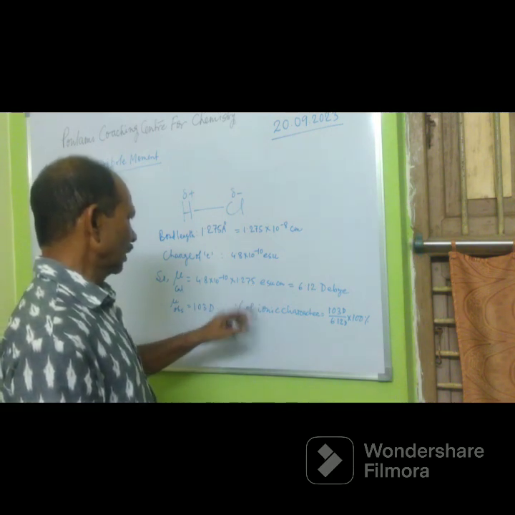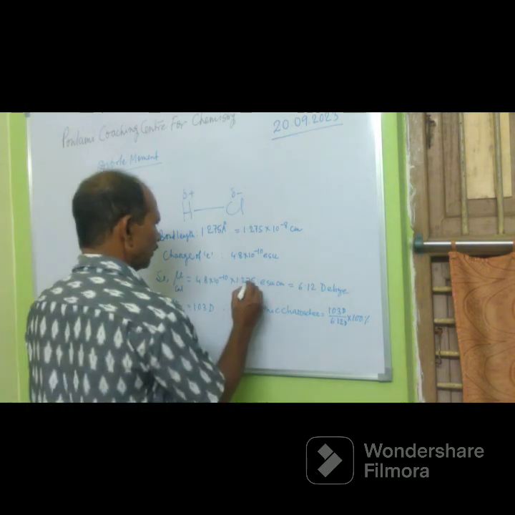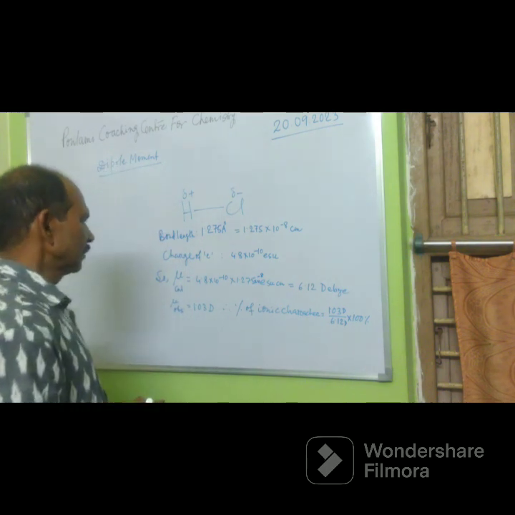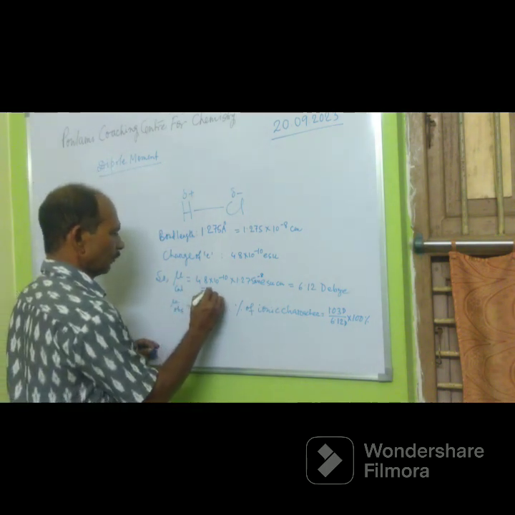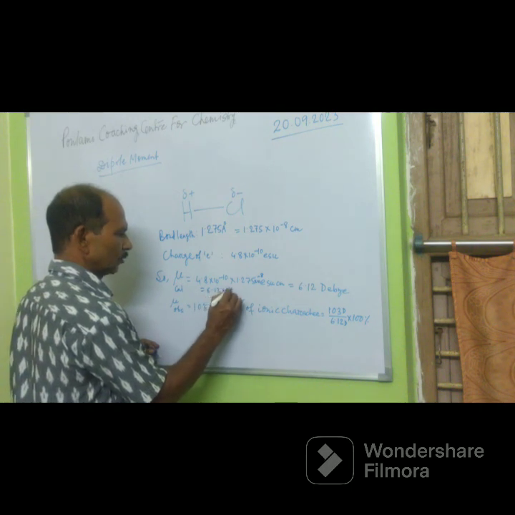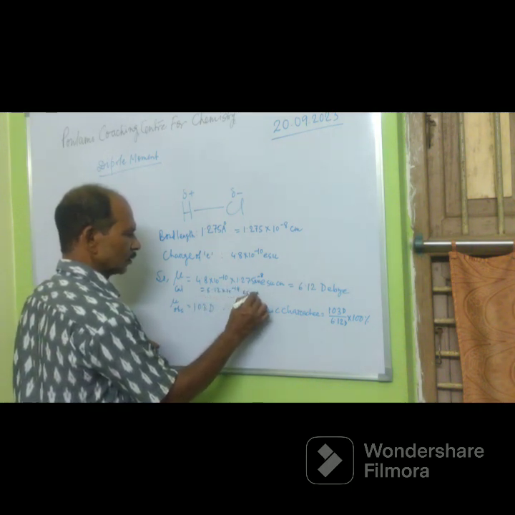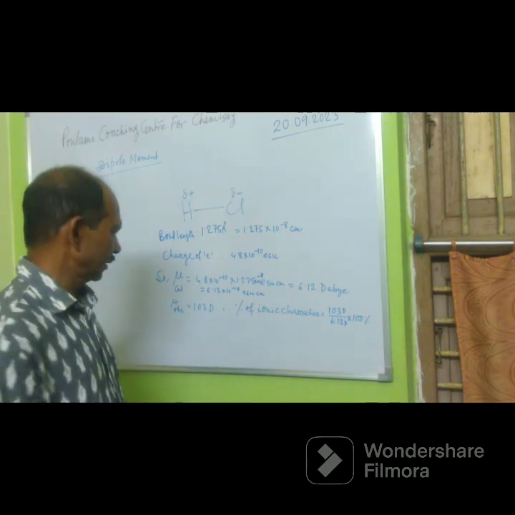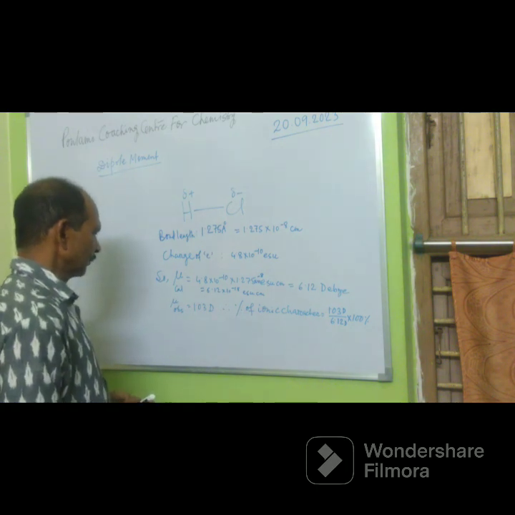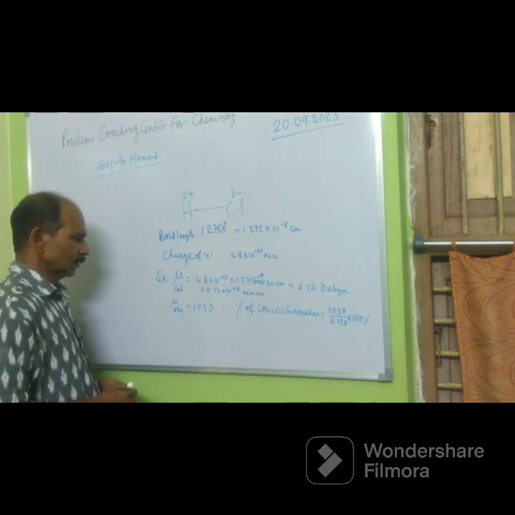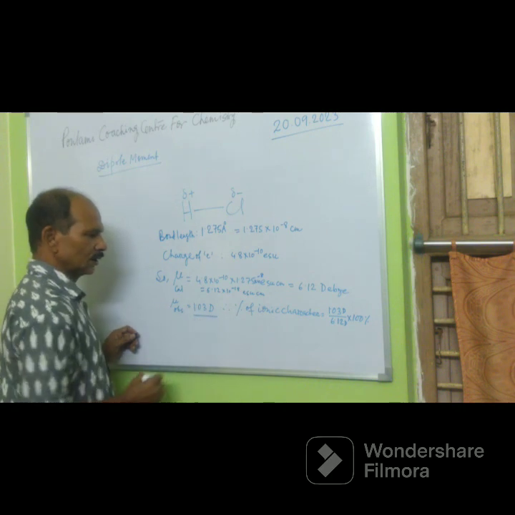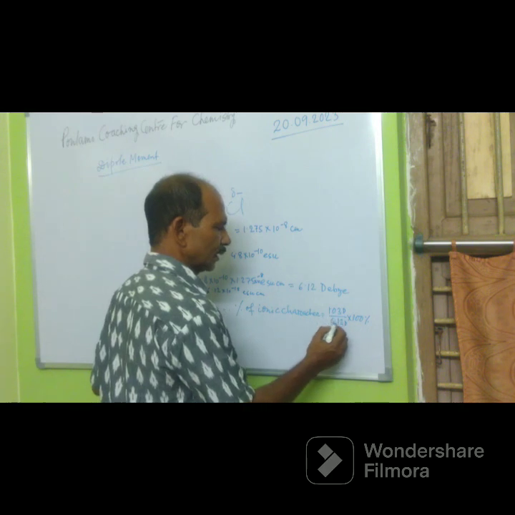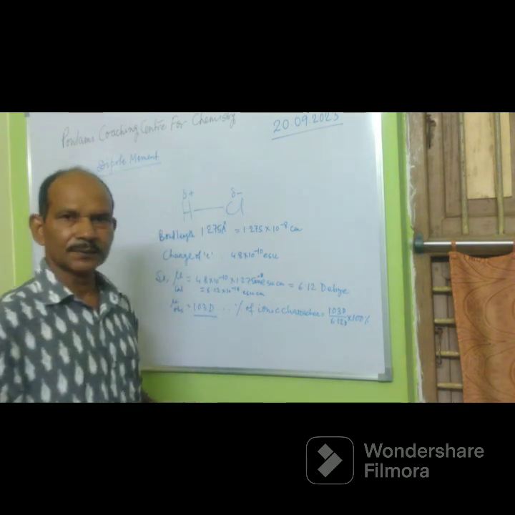angstrom. Okay, that means 1.275 into 10 to the power minus 8 cm. Okay, that means 6.12 into 10 to the power minus 18 esu centimeter, which is equal to 6.12 D. But unfortunately, we observe the mu observed value is only 1.03 D. Therefore, the percentage of ionic character equals 1.03 D divided by 6.12 D into 100%.